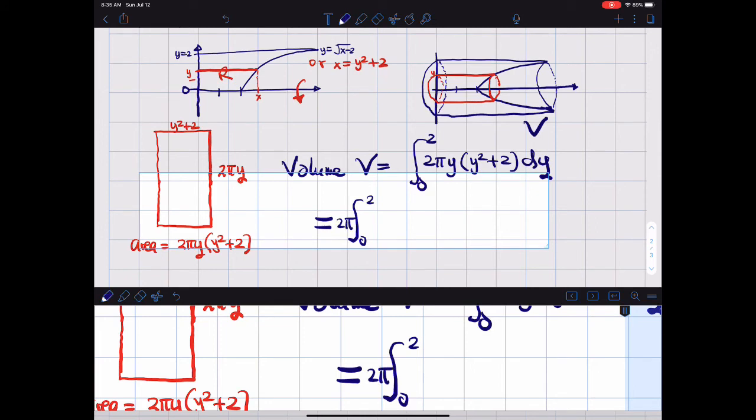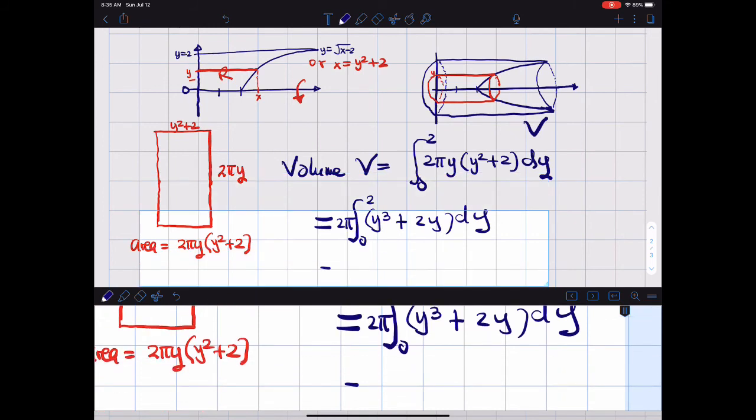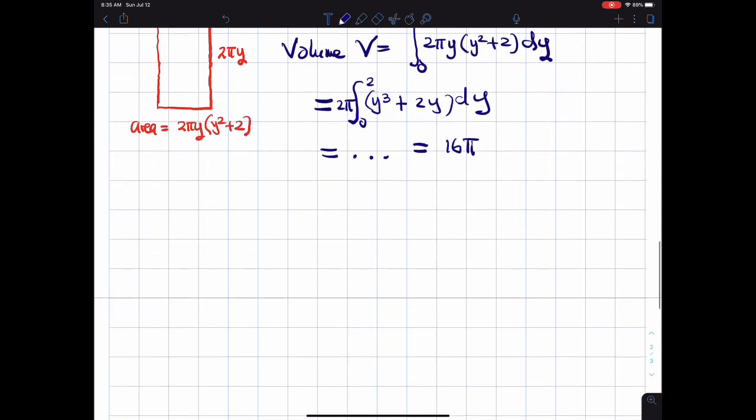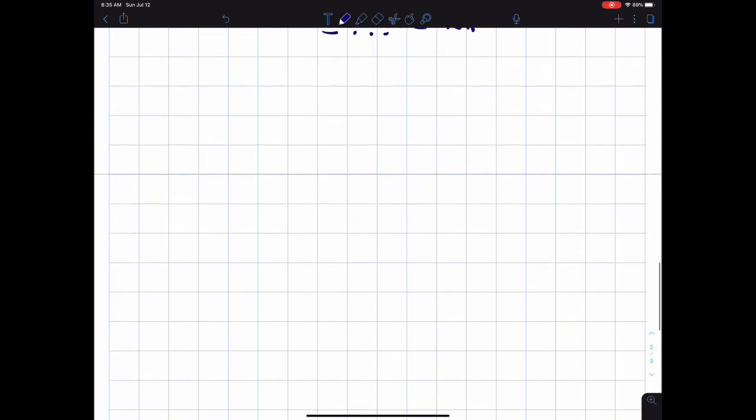You can factor them out. So this is y cubed plus 2y dy. If you do this integration, I got 16 pi. I want you to check my answer. Okay, so that is example 2. Let's try another example.